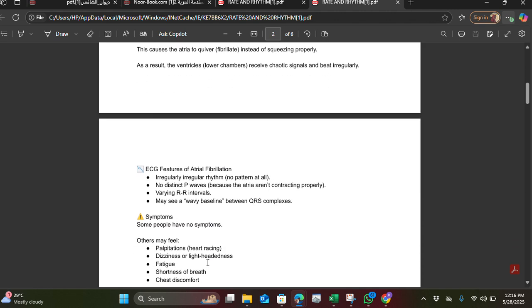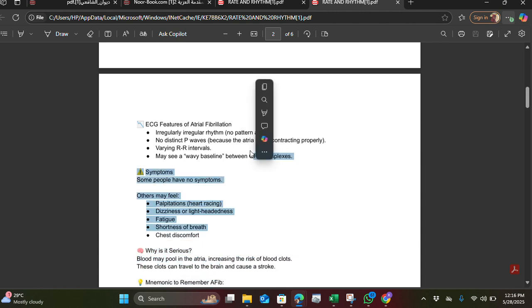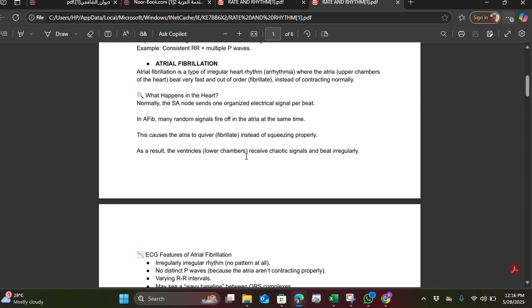Normally the SA node sends one organized heartbeat. But in AFib, many random signals fire, causing the atria to fibrillate instead of squeezing properly. As a result, the ventricles receive chaotic signals and beat irregularly.